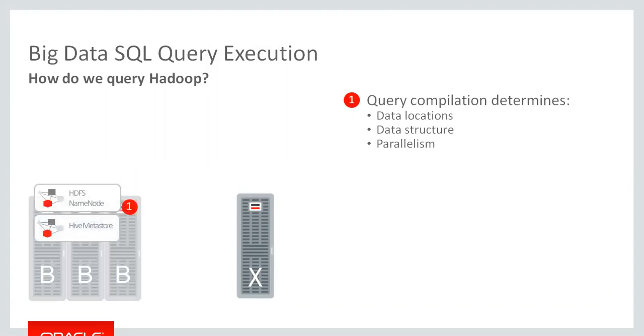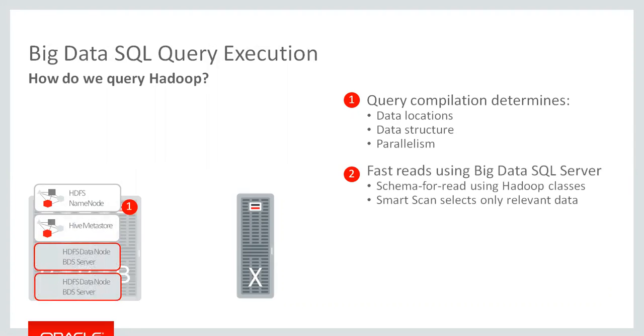First, you jump to the name node and Hive metastore and define file locations, data structure, and splits, and then on the Oracle database you do planning. It's an internal step, you cannot influence it, and it runs the scan on the Hadoop side.